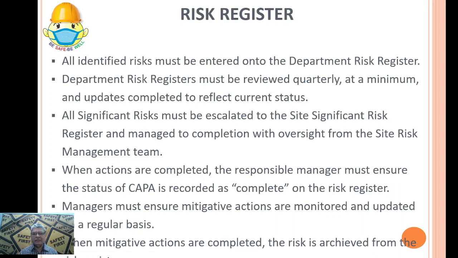So there may be a site risk management team consisting of the HODs. So there may be 4, 5, 6 members, the members of the higher management, and they are supposed to overview the risk register, site risk register, where the significant CAPA is entered.